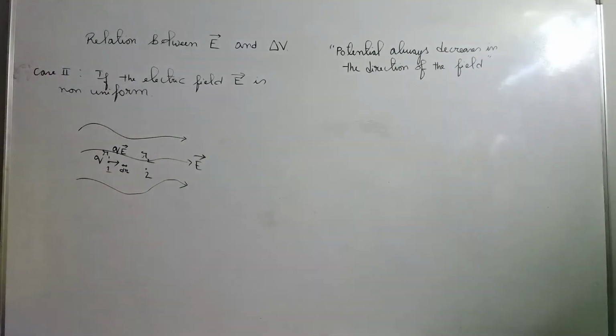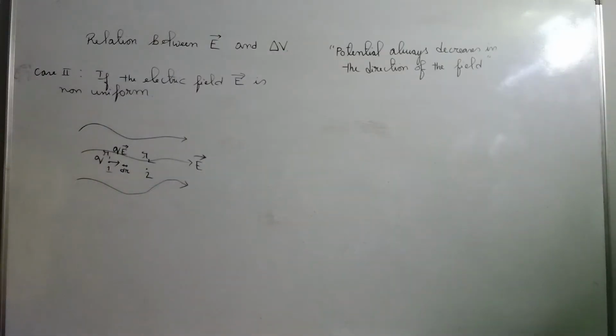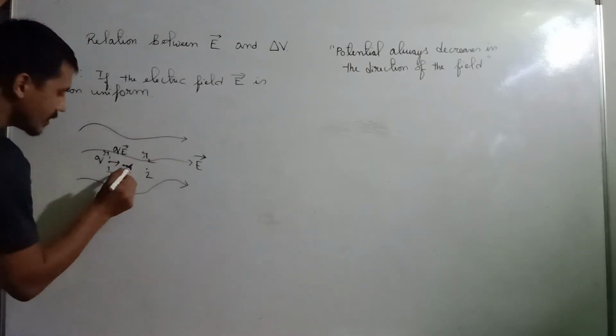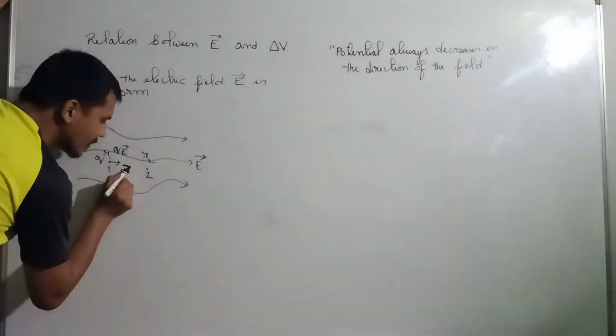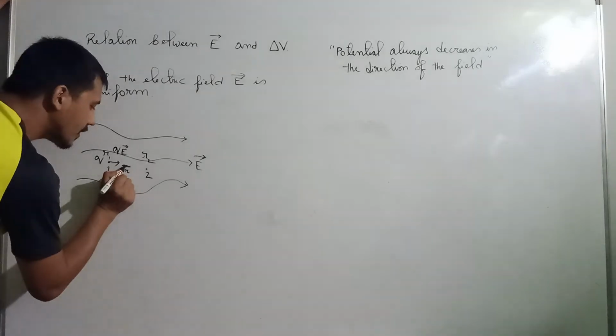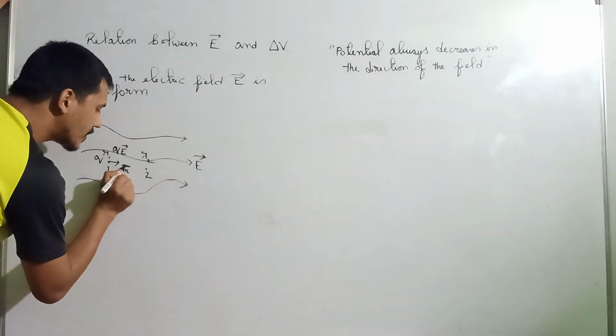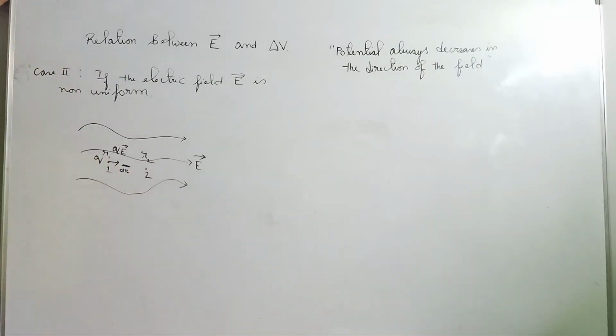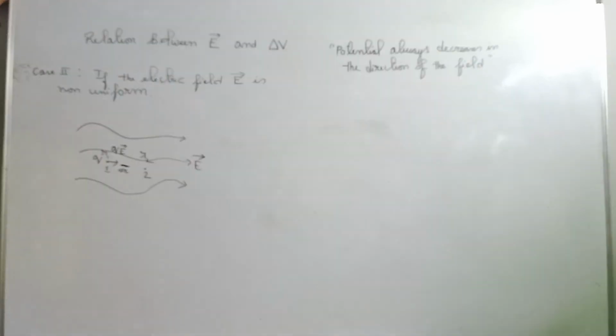Infinitesimally small distance is something which you cannot imagine, so small, lesser than maybe the distance between the protons and neutrons in the nucleus. So if this dr is an infinitesimally small displacement, then the electric field over this dr will be constant.